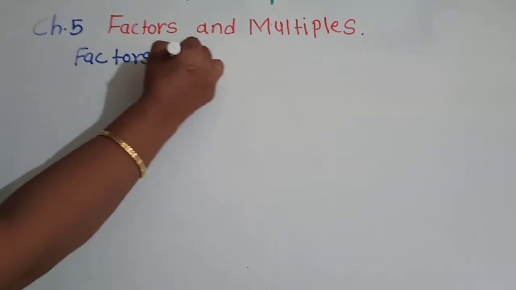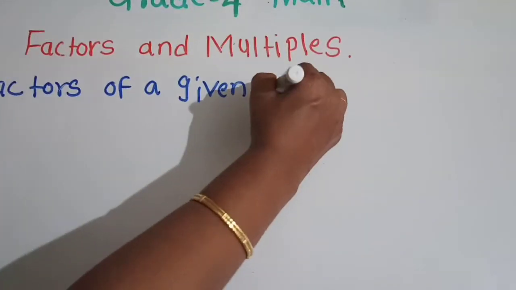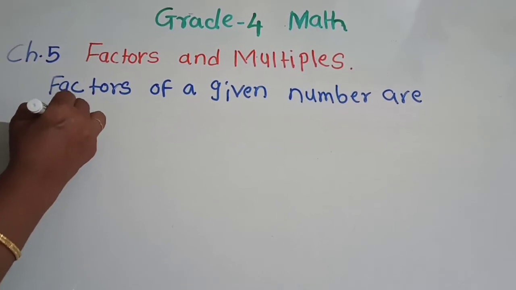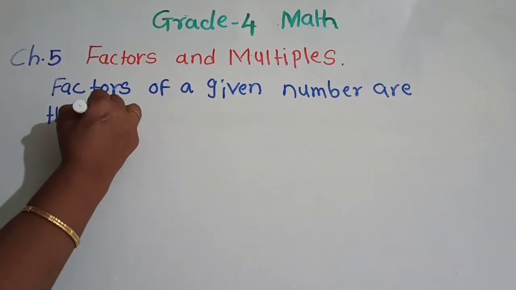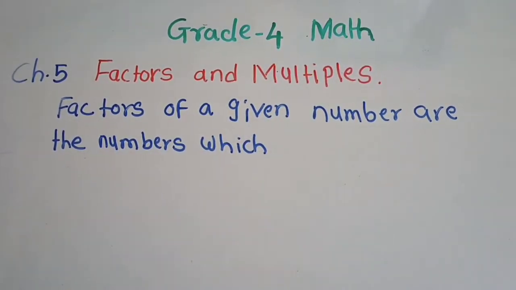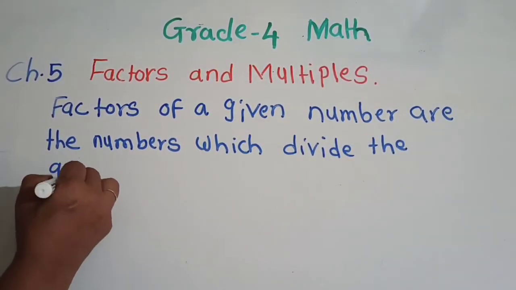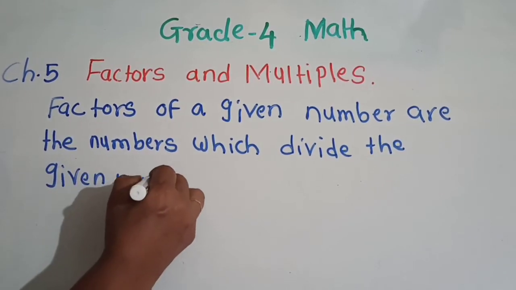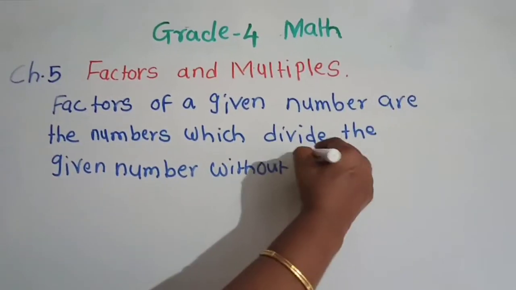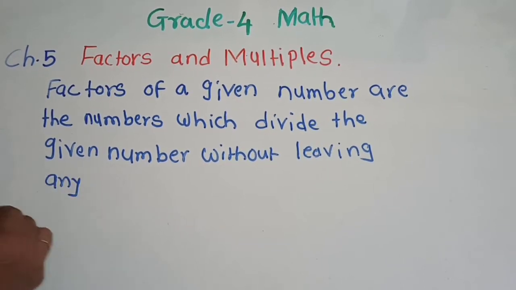Factors of a given number are the numbers which divide the given number without leaving any remainder.